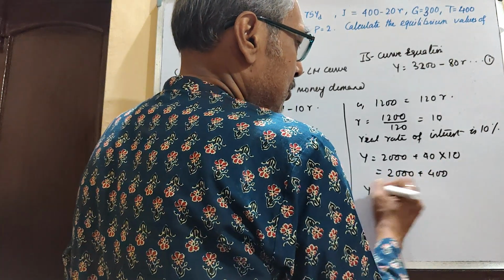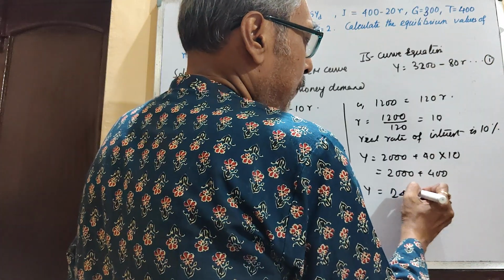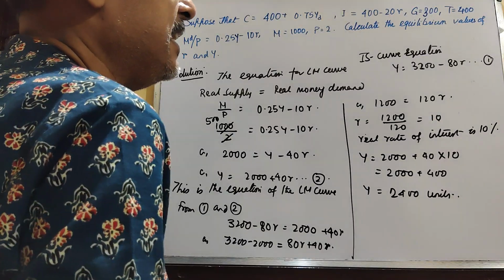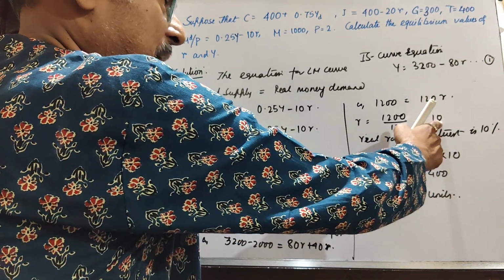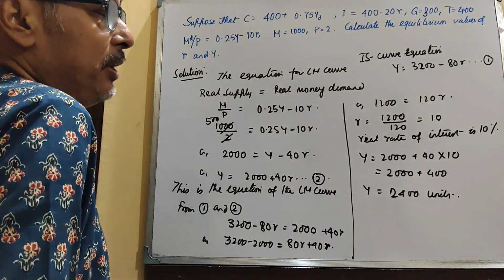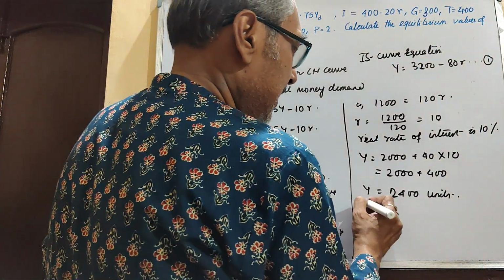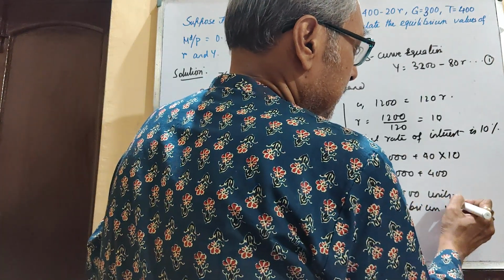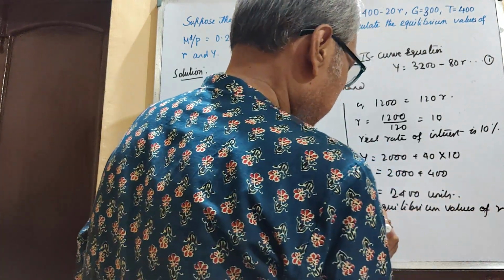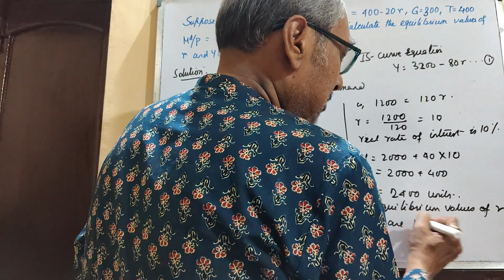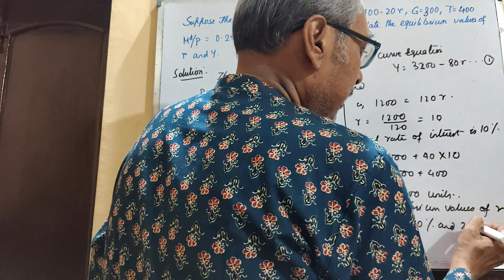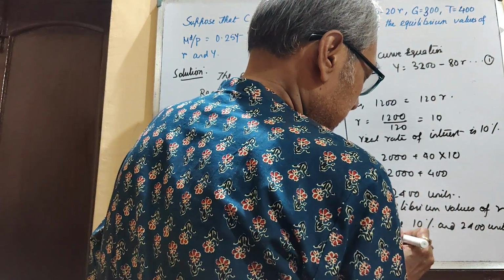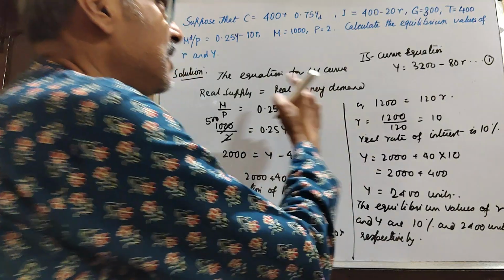Therefore, Y equals 2400 units. The equilibrium values of r and Y are 10% and 2400 units respectively. This is the answer to this question.